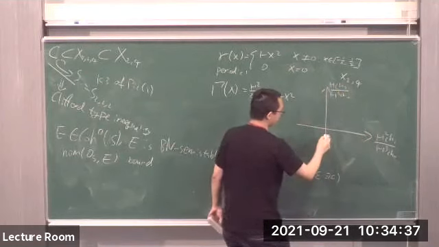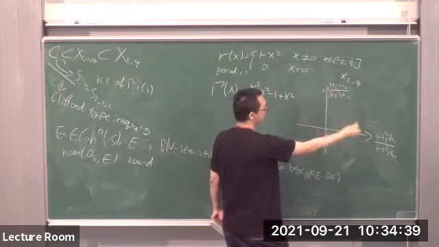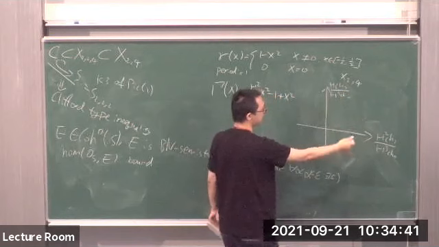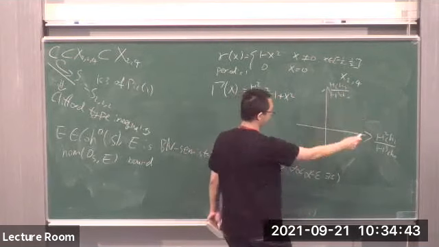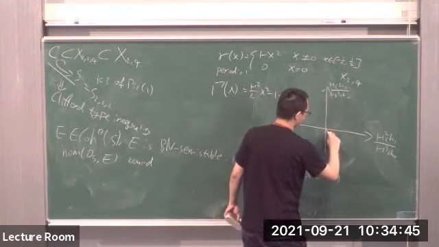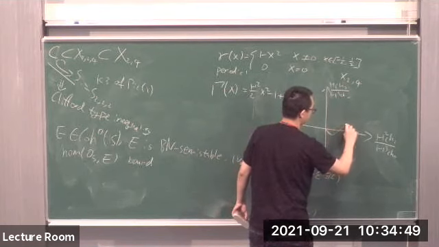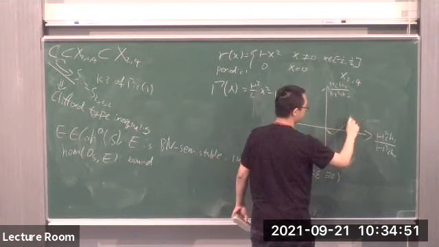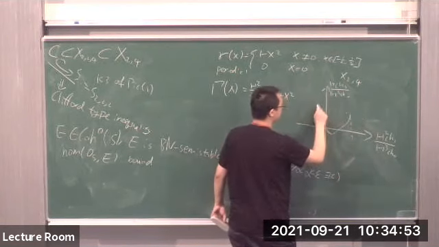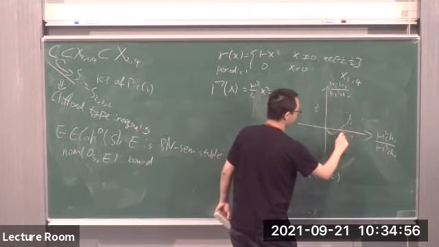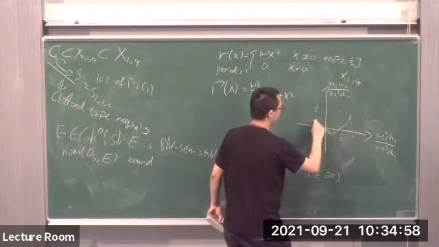Then what you get is that the chen character of a semi-stable sheaf will have the following property. It will be below this curve. The curve will look like this one. This is 1. This is 1/2. And this is 1/2. This is 1/32.